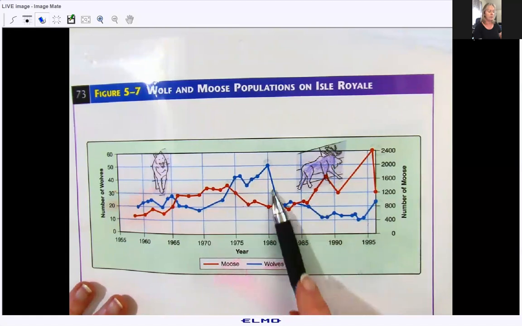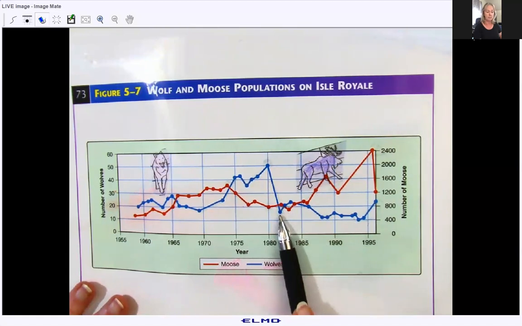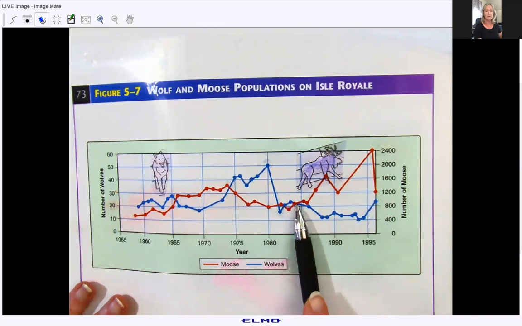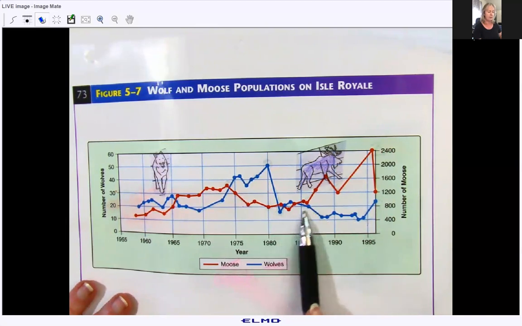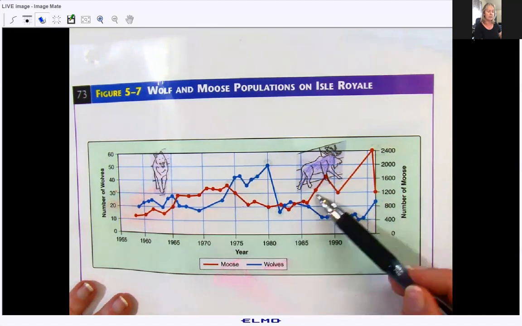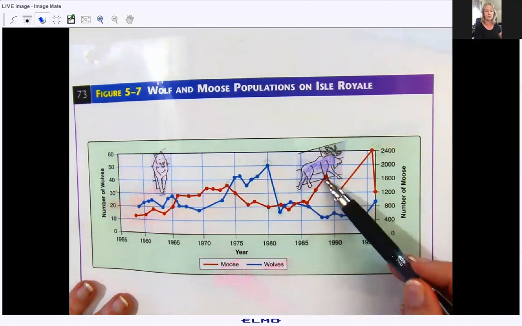And so when you eliminate a lot of the predators, it does take a little while for that population to recover. But if it's protected long enough, here it was about a 5-year period, and then you start to see an increase of the moose population.